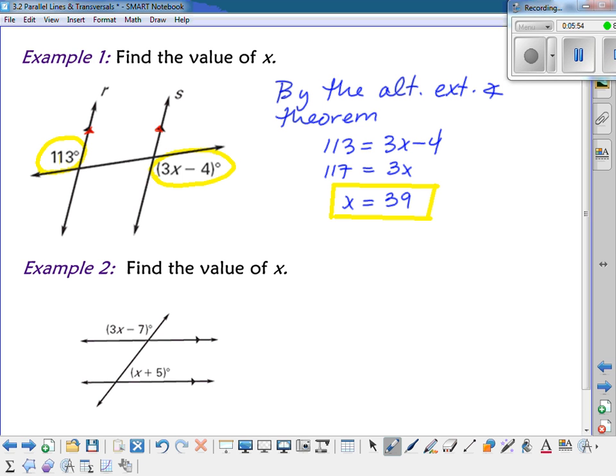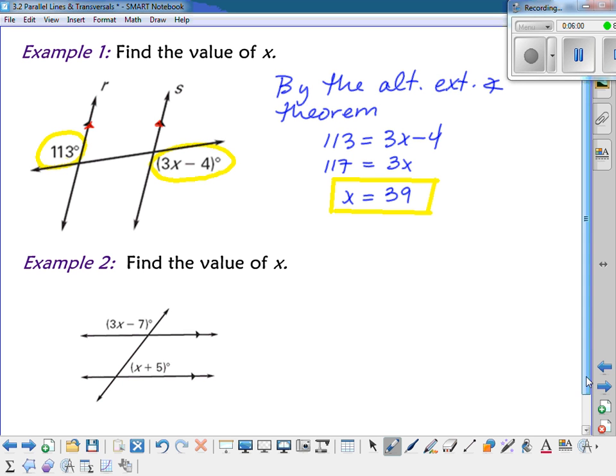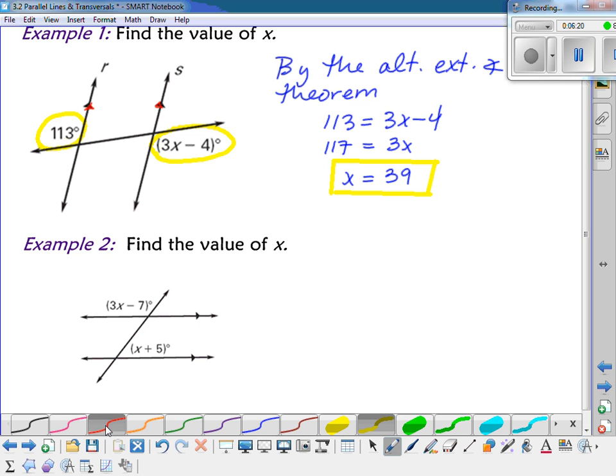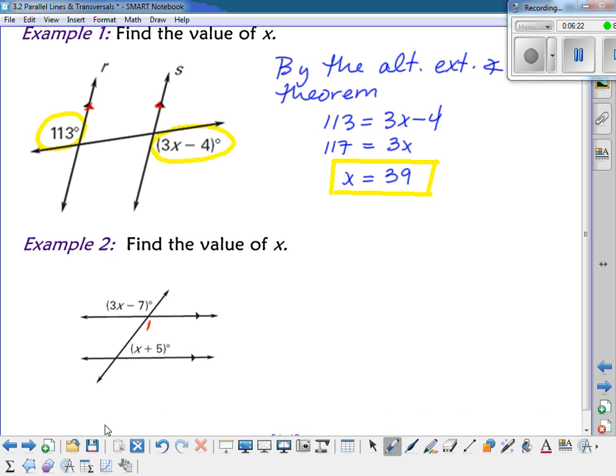Okay. Example 2, we have 3x minus 7 and x plus 5 for the angles, but those aren't corresponding, they aren't alternate interior, they aren't alternate exterior. So I'm going to go ahead and label this angle down here as angle 1.